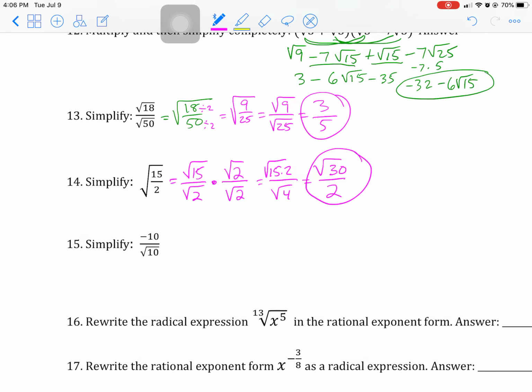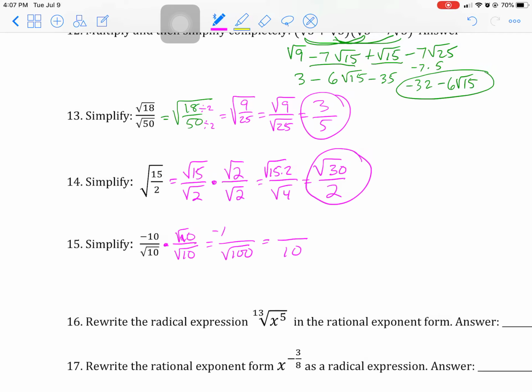15, let's see. I think the only thing you can do here is get the radical off the bottom by multiplying by itself. Rationalizing the denominator is the terminology for that. So that's going to give you the square root of 100, which is 10.